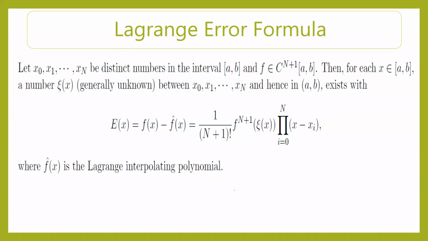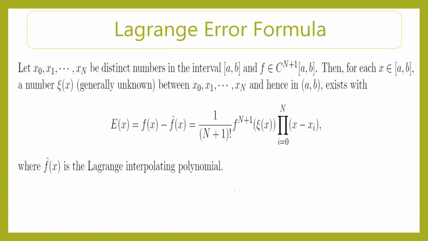Then for each x in this interval, a number theta, generally unknown, between x0 and xn, between a and b, exists with this error term formula given. The function f is the function we are approximating. The f hat is the Lagrange interpolating polynomial. So the goal here is to prove this error formula.